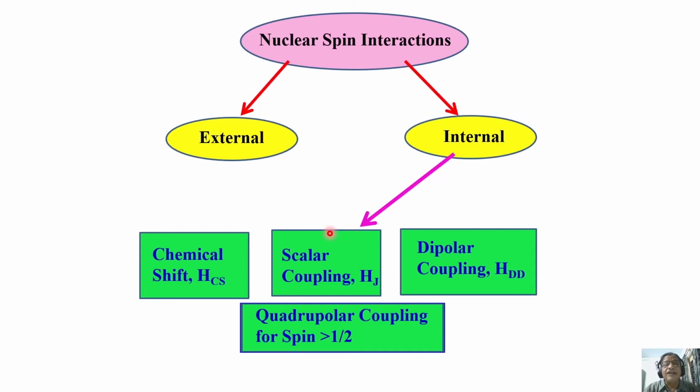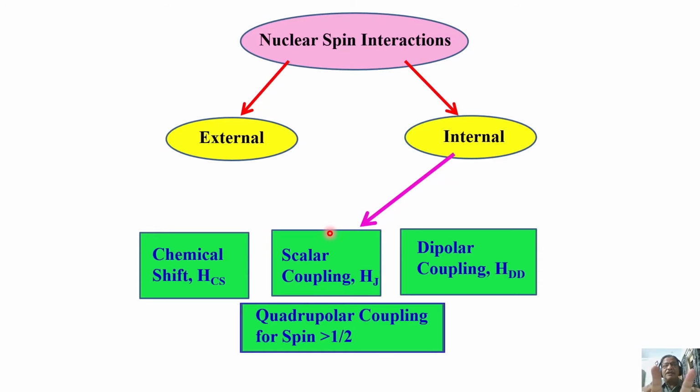Because it is a through-space interaction, the spatial proximity is very important. When you bring the spins closer and closer, the interaction becomes stronger and stronger. As you go away, the interaction reduces. It is a distance dependent interaction, because the interaction is taking place through space.